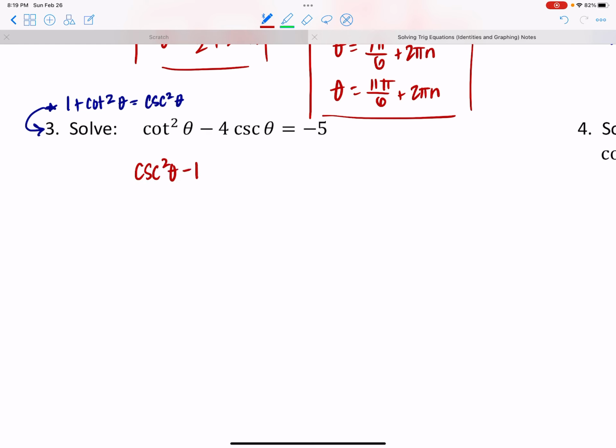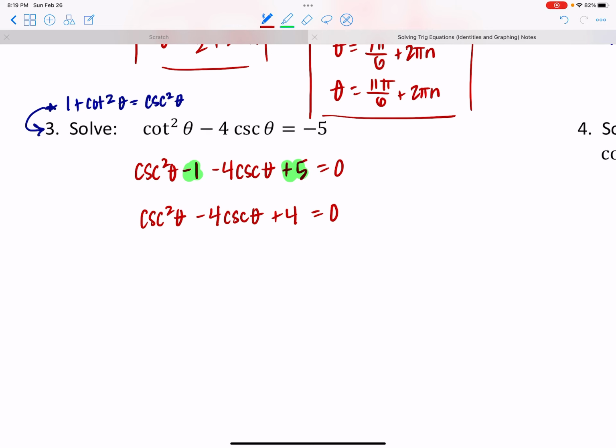And then I have this minus 4 cosecant of theta here, and I'm going to go ahead and add the 5 over to make this thing equal to 0. Because I have the varying degrees of those trig functions, I know I'm going to be trying to factor this. So I have cosecant squared theta, I have a -4 cosecant of theta, and then if I combine my -1 and my +5, I'm looking at a +4 now equal to 0.